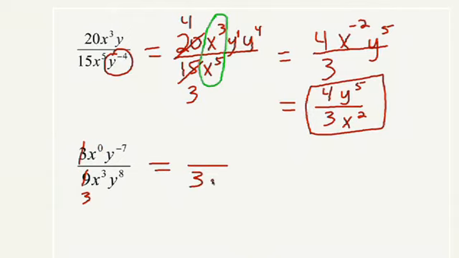So that tells me that the x cubed, 3 minus 0 is 3, goes in the bottom because that's where the larger exponent is. Finally, y to the minus 7 in the top is the same as y to the positive 7 in the bottom. So down here, y to the 8th times y to the 7th, 8 plus 7 gives me y to the 15th.